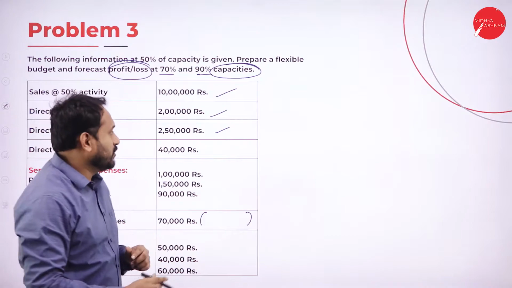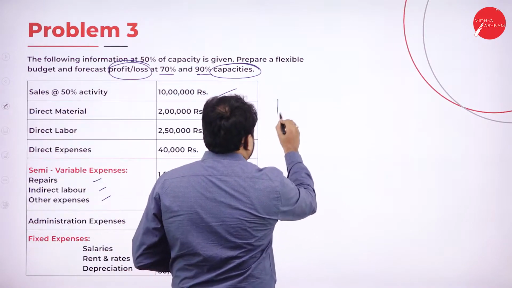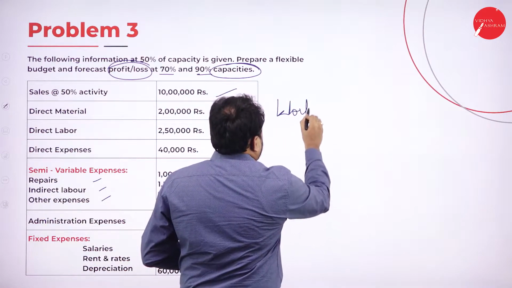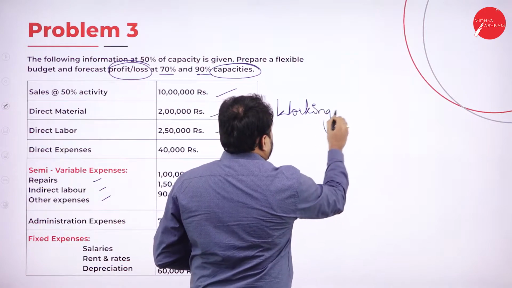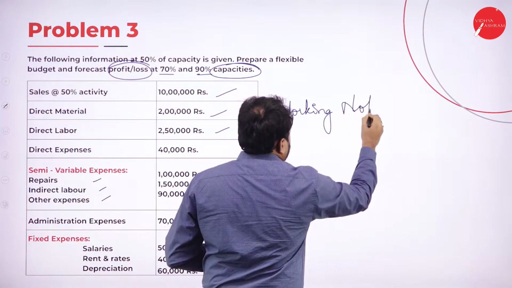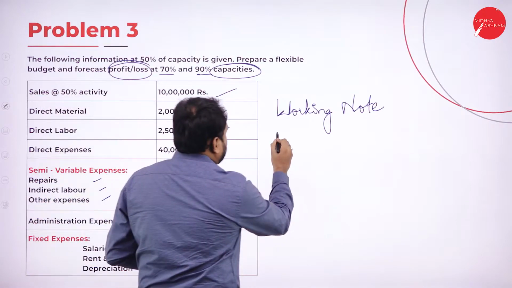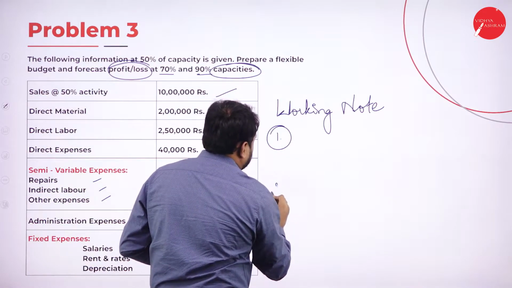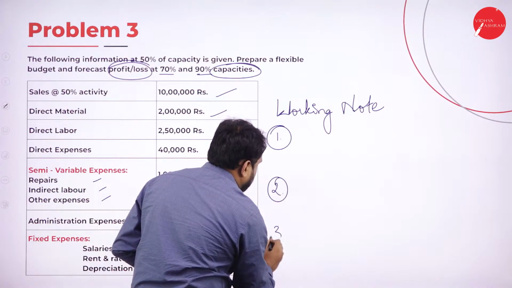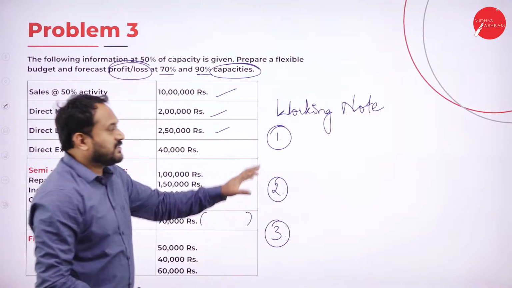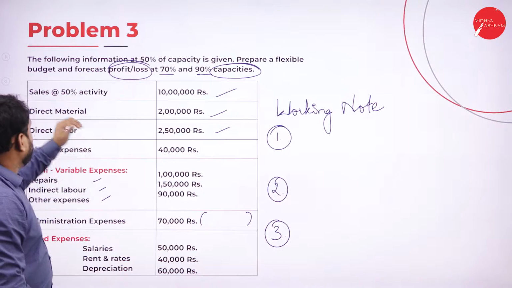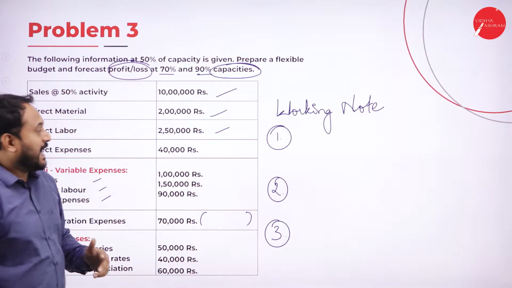The first working note which you are supposed to go with is working note. Now the working note here, they say is first one, second, and third. You just write it like this. Now, sales at 50% activity.